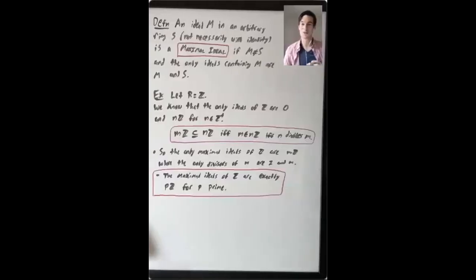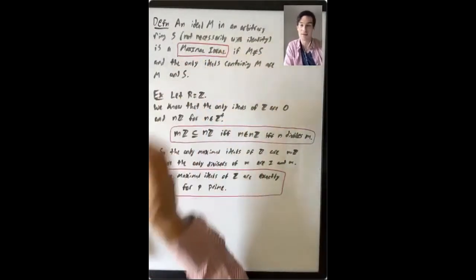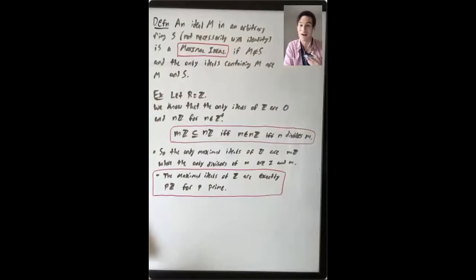One of the main goals for the rest of this lecture is to study two special kinds of ideals, and we'll define the first one here. An ideal M in an arbitrary ring S, so I'm using S instead of R because we are giving this definition just for a general ring S. It doesn't necessarily have to have an identity like much of the other stuff in section 7.4 of Dummit and Foote.